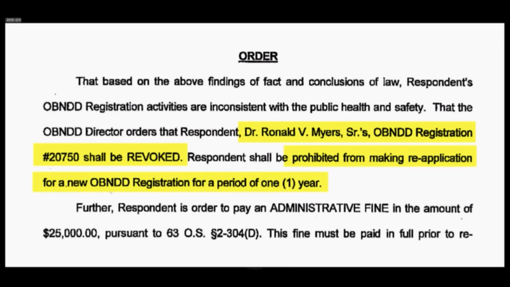I see that. And he was ordered to pay a fine of $25,000, correct? I see that. And so what the order did is it allowed him to request reinstatement after a 1-year time period, right? It says it prohibited from making reapplication for a new OBNDD registration for a period of 1 year.